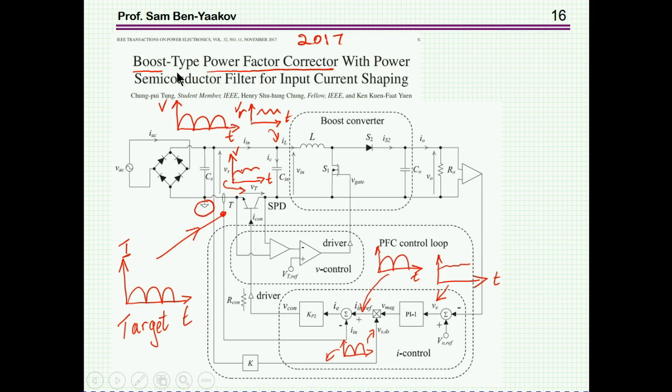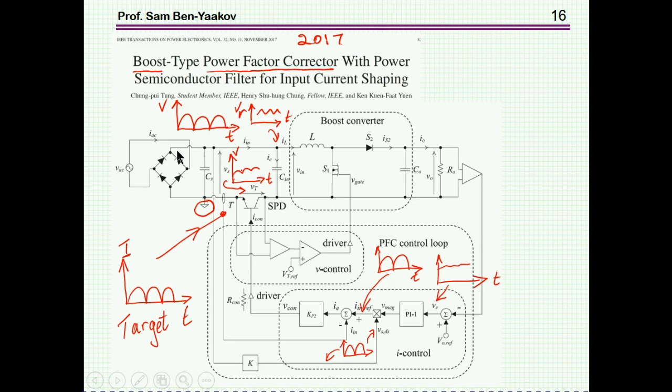This is a boost type power factor corrector with an active ripple filter. It looks complicated. Let me just go through it and see all the components here. So we start with this rectifier. It's a full bridge rectifier. Here's the capacitor. This is, however, a low value capacitance because we would like to retain the half wave rectification.